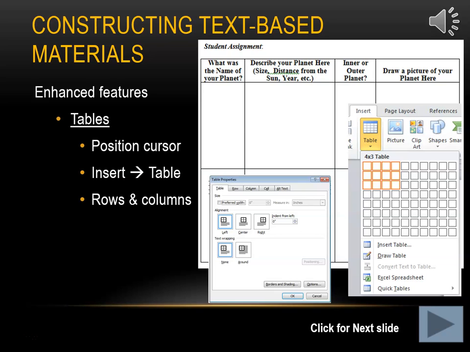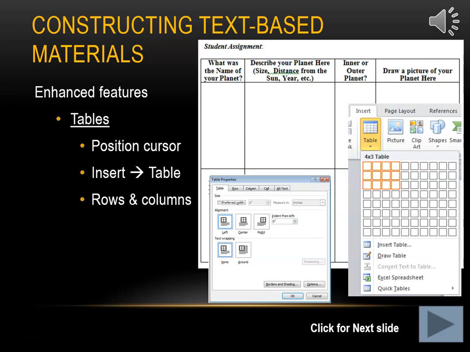If you take your mouse, put it anywhere on the table, and do a right mouse click again, you have the options like you see on the screen to go down to something called Table Properties. You'll see it on the drop-down menu. The table properties allow you to align and wrap your text, and you notice that it has some tabs at the top too.